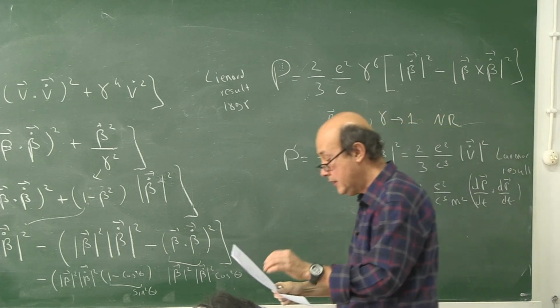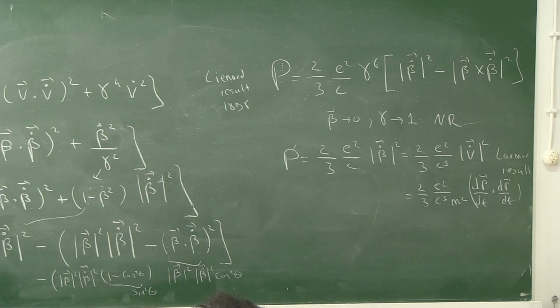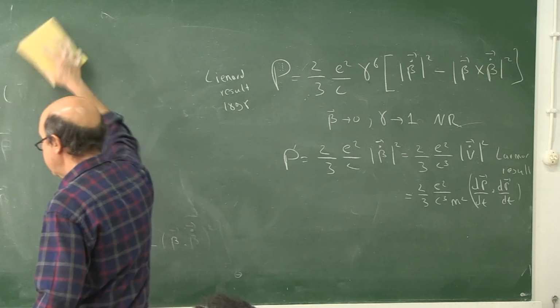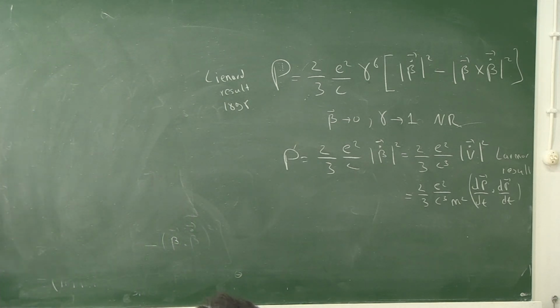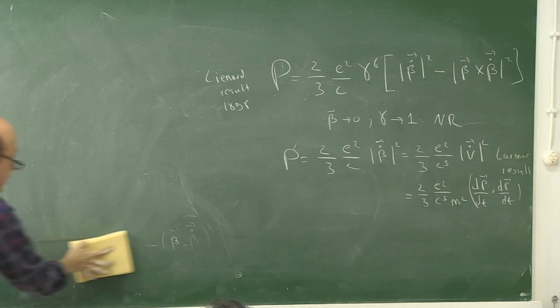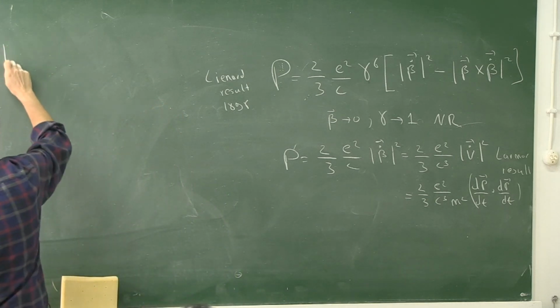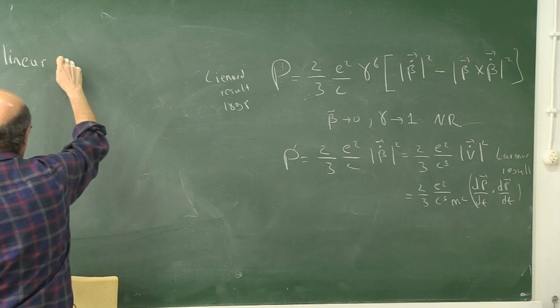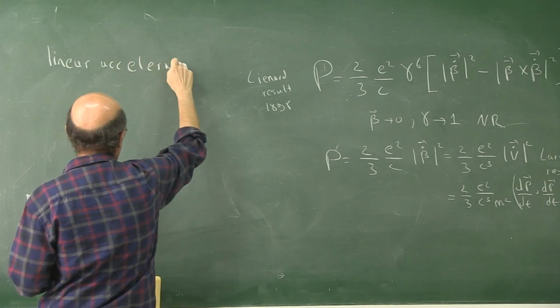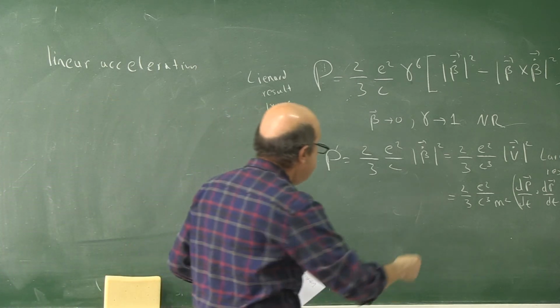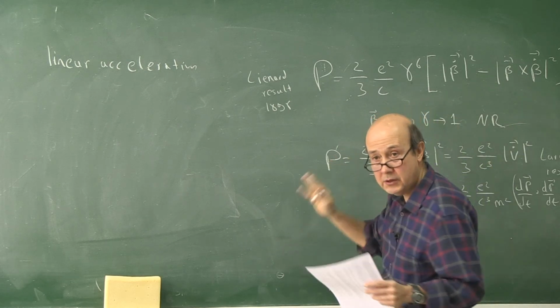So let us investigate the total emitted power in different limits for a linearly accelerated charge and a circularly accelerated charge. If you have a linear acceleration, beta cross beta dot is 0.